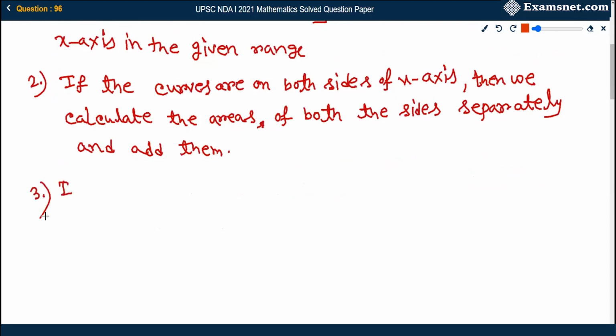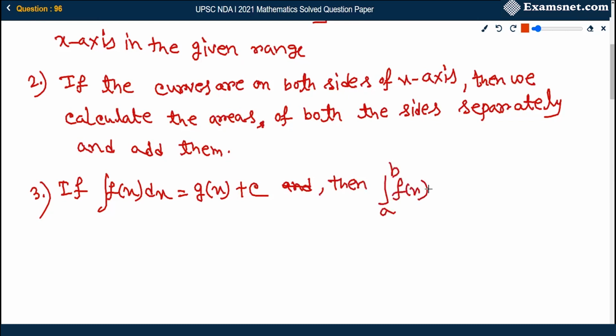If the integral of f of x dx gives us g of x plus c, then the integral from a to b of f of x dx will give us g of x from a to b, that means g(b) minus g(a).